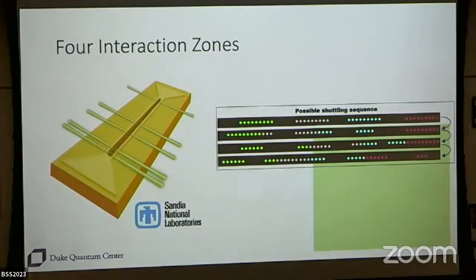And in this system, we're still using this linear trap from Sandia National Laboratories, but instead of a single long chain, we're aiming for 4 long chains, where each of these chains has laser beams, just like before, individual beams for each ion in each zone. So instead of 32, we would have 128 possible qubit locations.